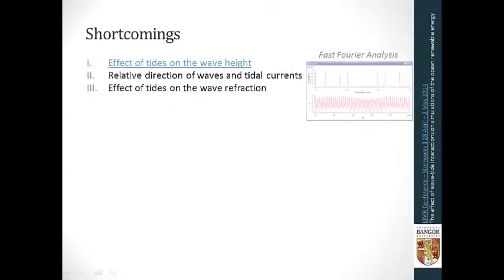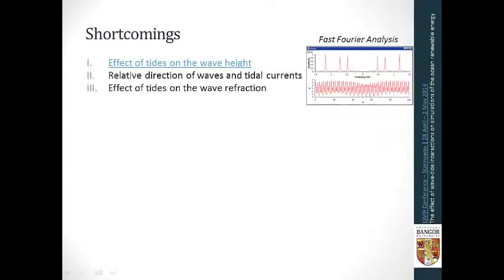This approach that I just described has its shortcomings, and I'm sure many people in this audience might think, okay, there are lots of assumptions in linear wave theory and you can't apply it. For instance, as I mentioned, the effect of the tides on the wave height cannot be considered based on linear wave theory.